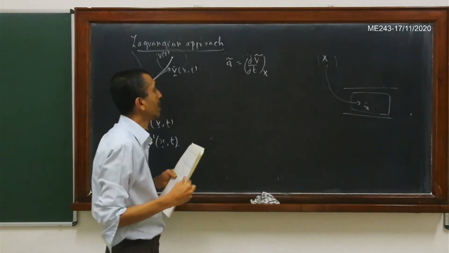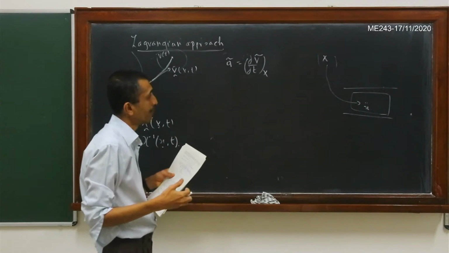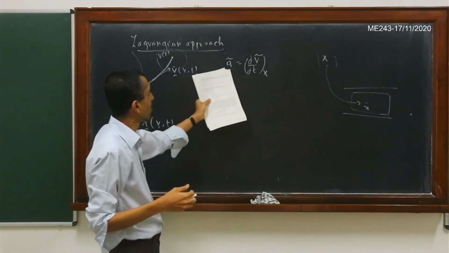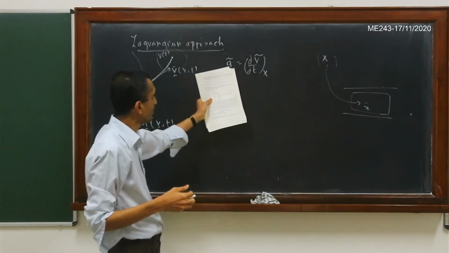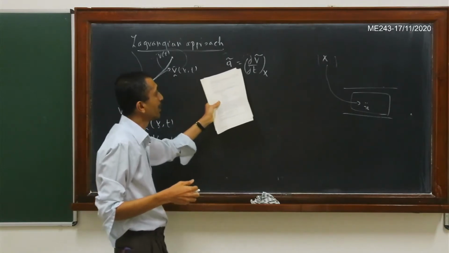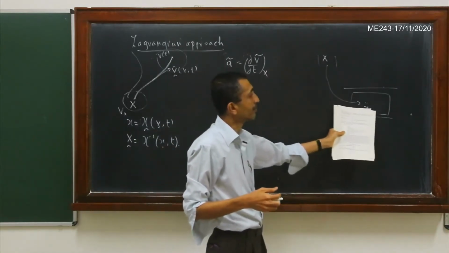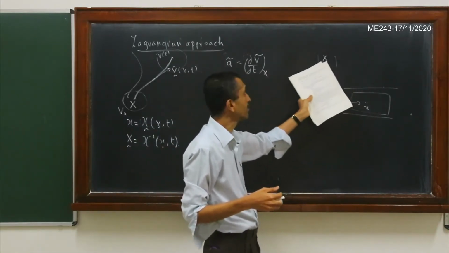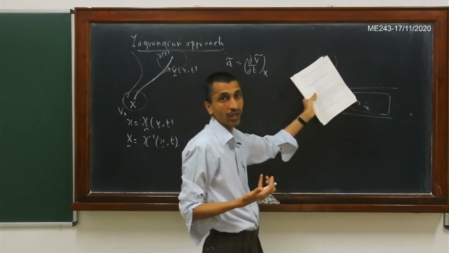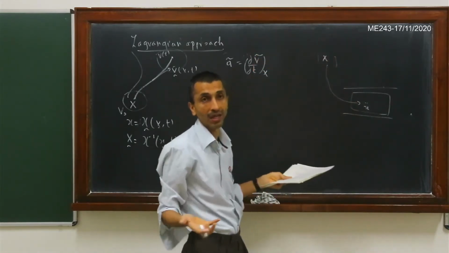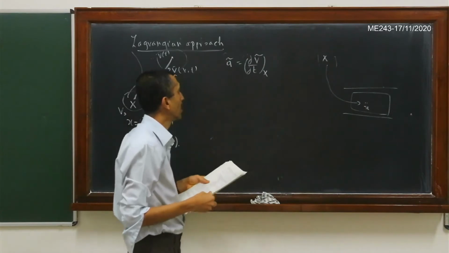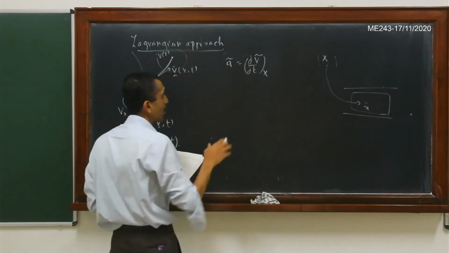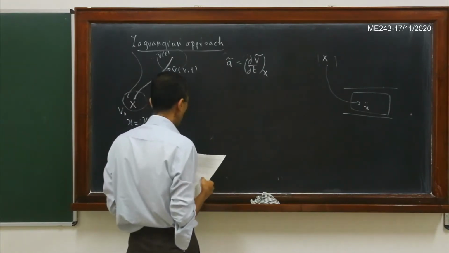And then, when I want an expression for the acceleration, I would like it to be in terms of the spatial position, not in terms of the capital X, because I don't even know where the fluid particles are coming from, right? So in that sense, I would like an Eulerian version of this acceleration.